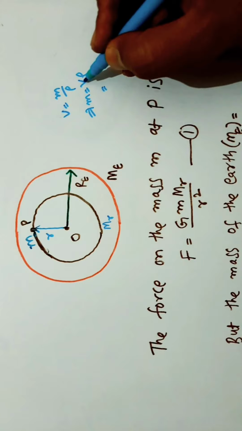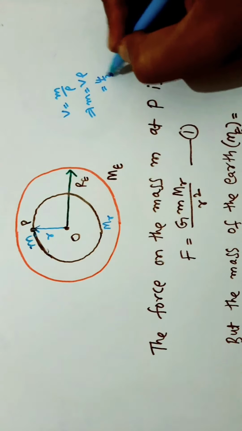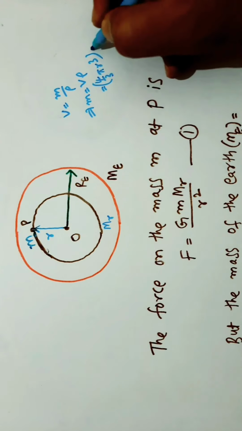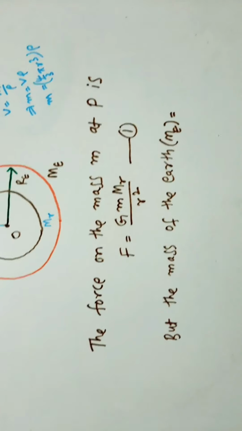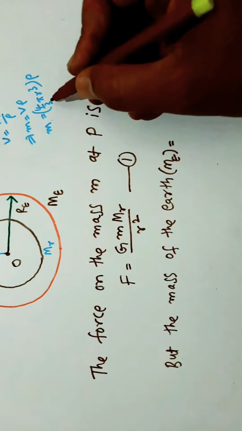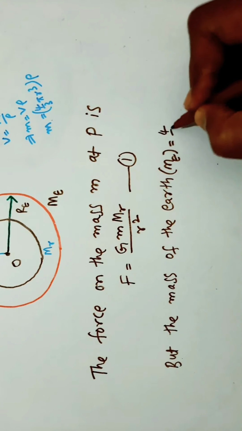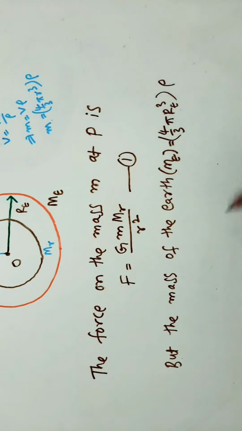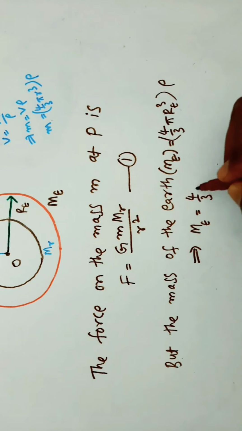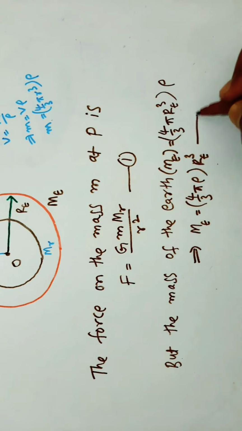The volume of the sphere is 4 by 3 pi r cube, into rho. So the mass of the earth is volume into density, where the volume is 4 by 3 pi RE cube into rho. So ME is equal to 4 by 3 pi rho into RE cube. Let us take this as equation 2.